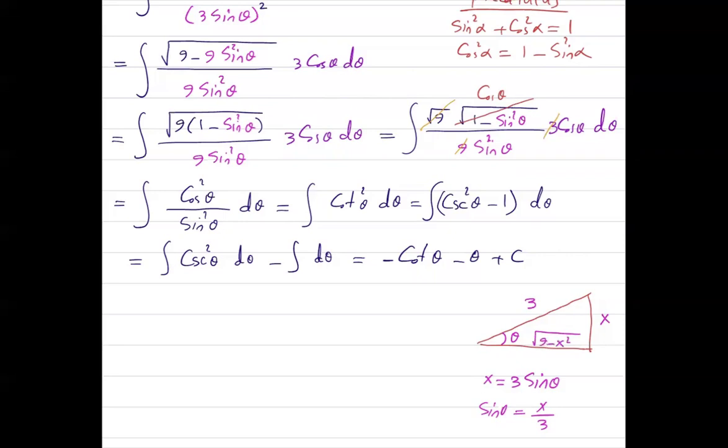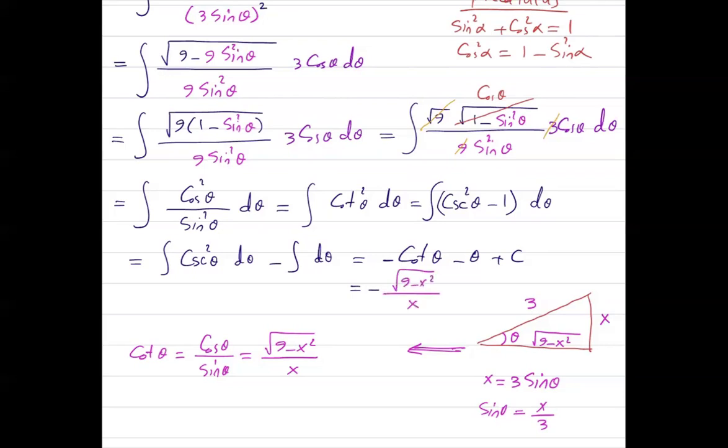Okay, so do I have a definition for cotangent? From this right triangle, if I try to write down cotangent of theta, cotangent is cosine divided by sine, or square root of 9 minus x squared divided by x. So wherever I see cotangent, I'm going to do the substitution. This is equal to negative square root of 9 minus x squared divided by x.